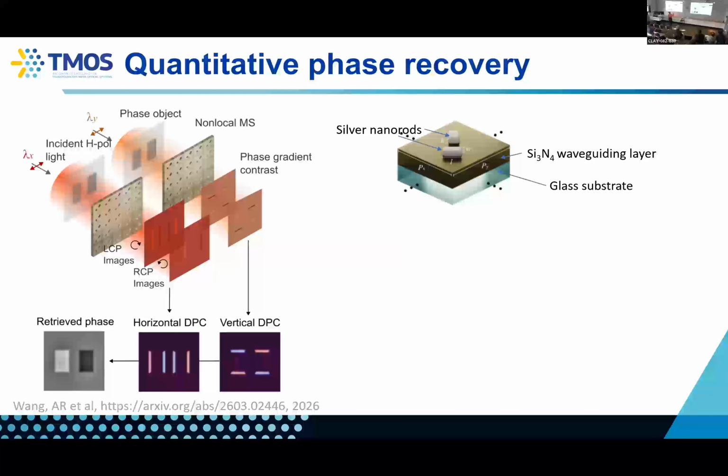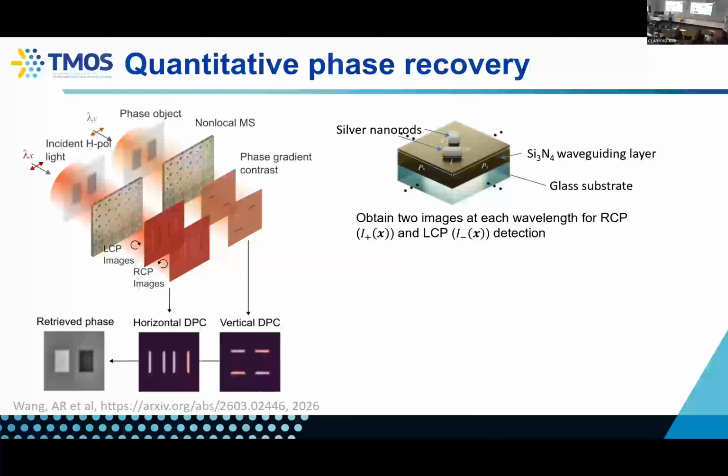At another wavelength, we have contrast that depends on ky. So we can generate two differential phase contrast images, and that is sufficient information to be able to recover the phase. We obtain two images at each wavelength.